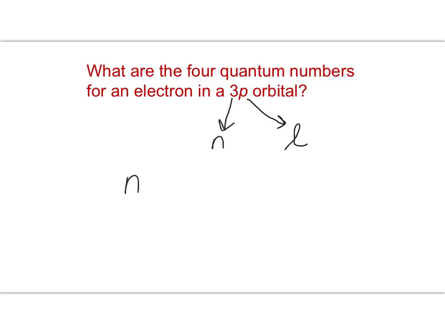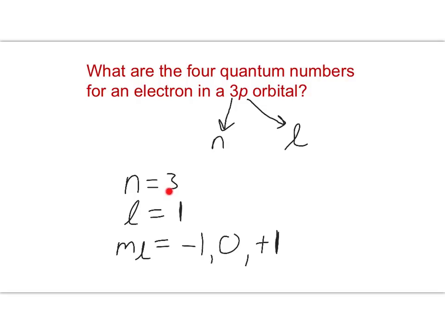We know that n is 3, and for L, 0 is an s orbital, 1 is a p orbital. So L is equal to 1. So those two numbers we know. M sub L, we're not given that number, but we do know it could be -1, 0, or +1. Refer back to the rules from earlier.